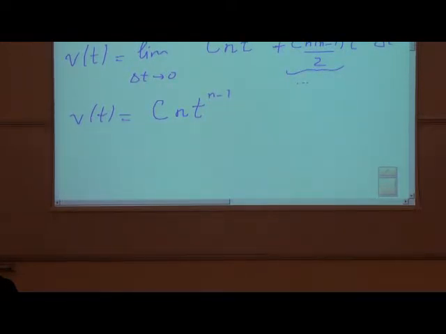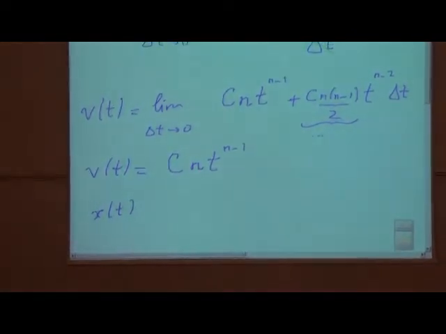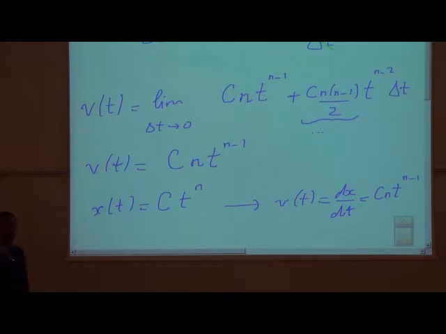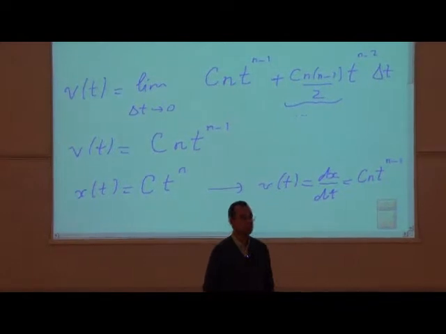So what have I learned? If x of t equals c t to the n, then v of t, or the derivative of this x, is c n t to the n minus 1. Is this clear?